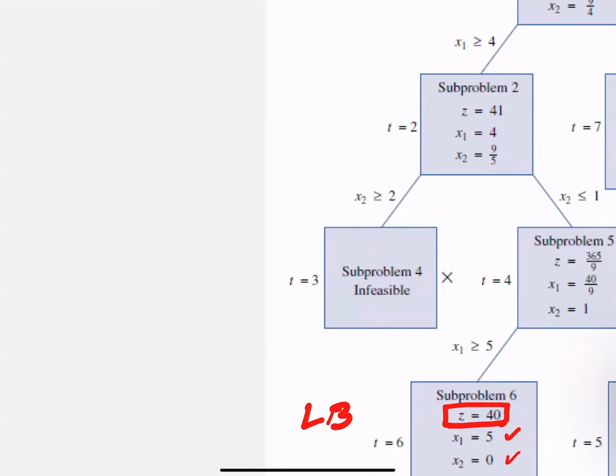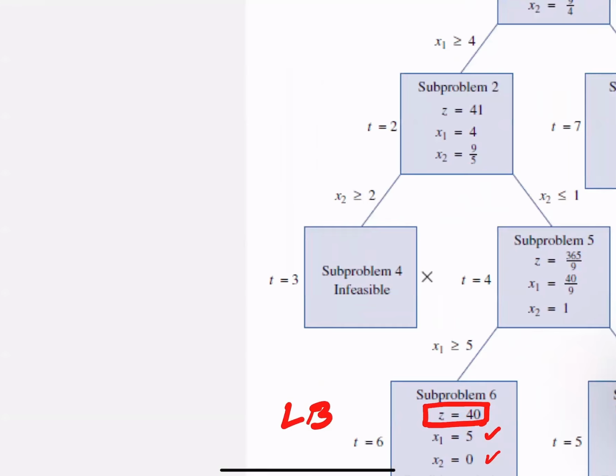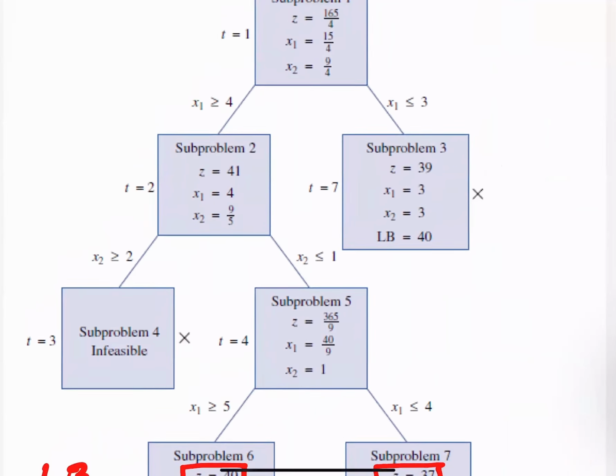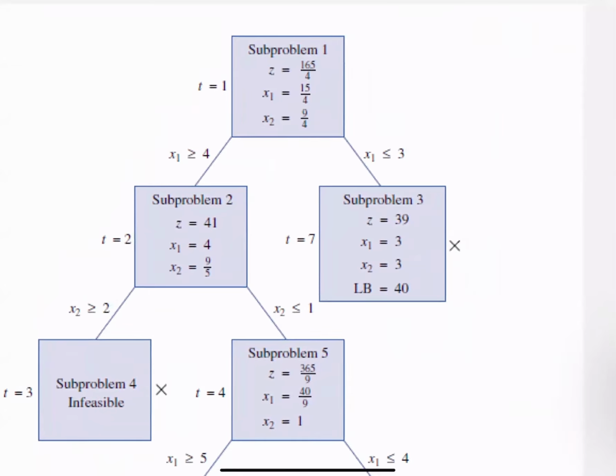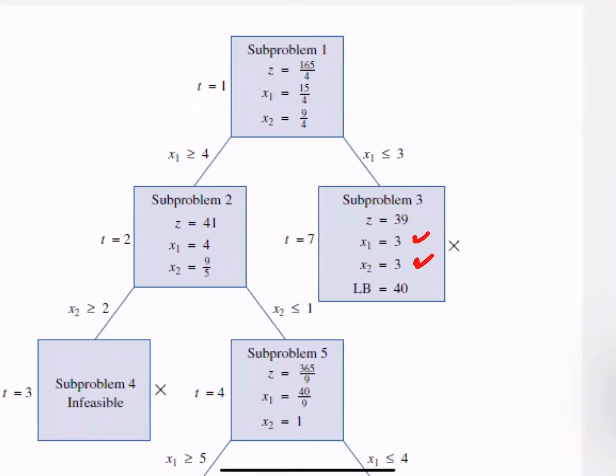Do you remember we started with the triangle on the right? We never looked at the one on the left, which was the larger portion. When we solve the LP relaxation of the left part, this is what we get: 3, 3, integer, and this is 39.